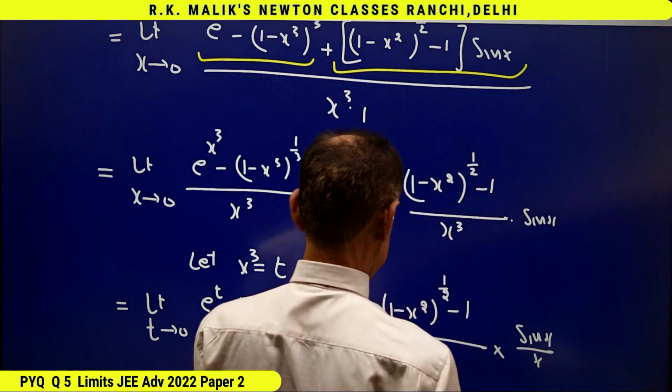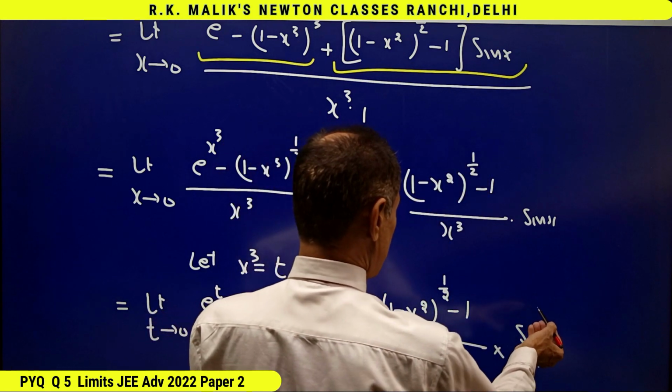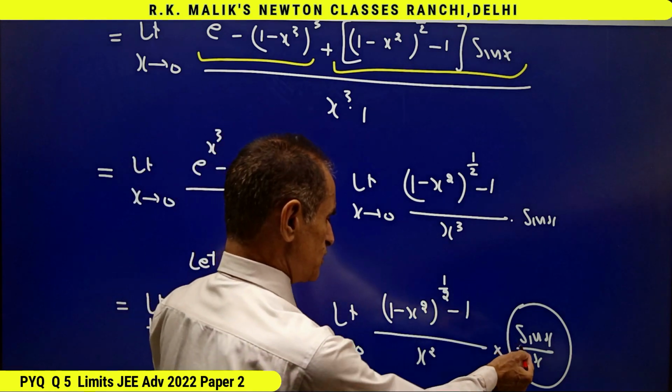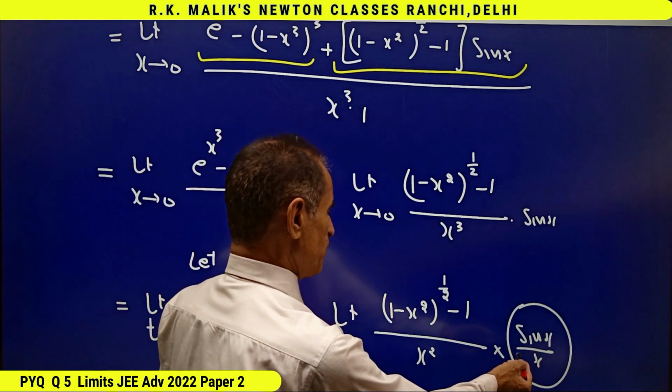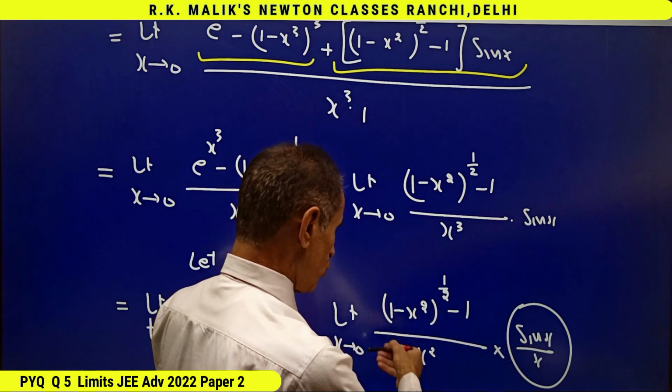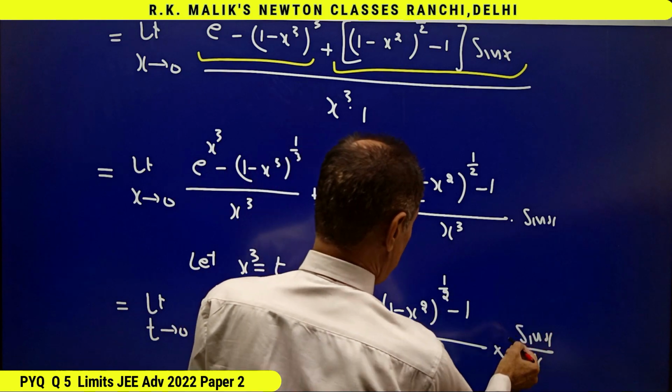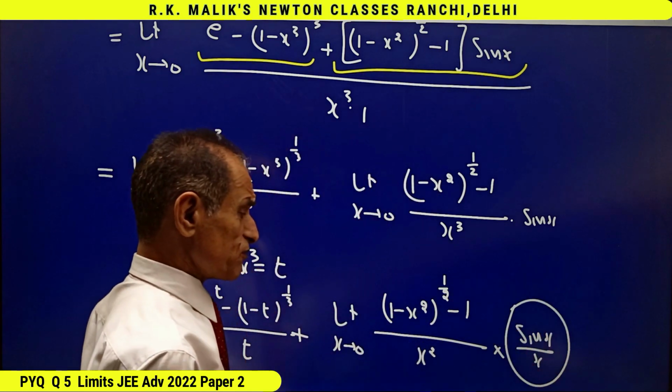into sin x by x. Again, in the next step, I'm allowed to take the limit of this part because this part is in multiplication with the remaining whole part on which the limit is operating, and in the next step I will take the limit of this part as 1.